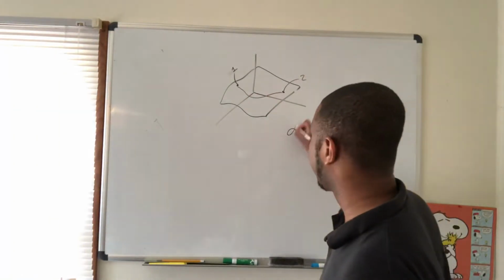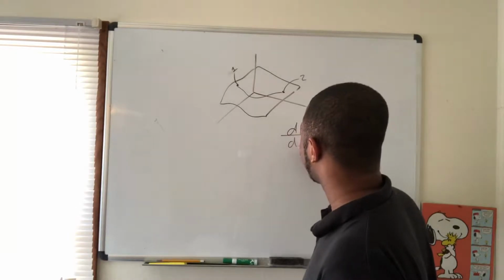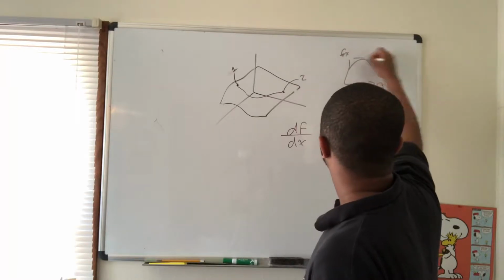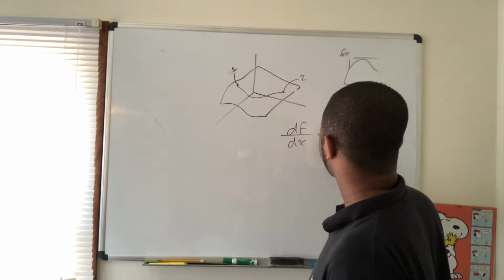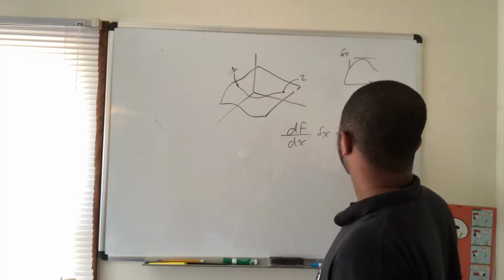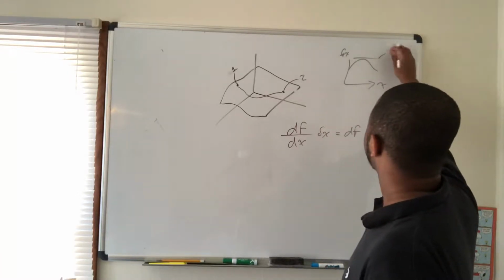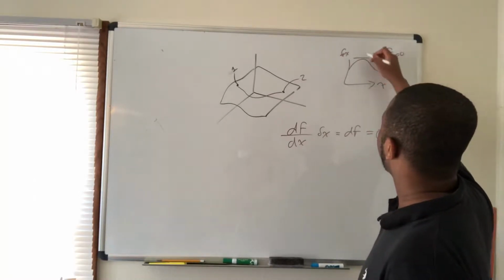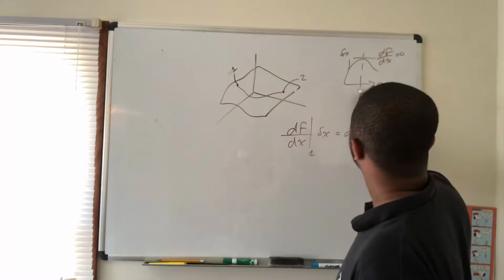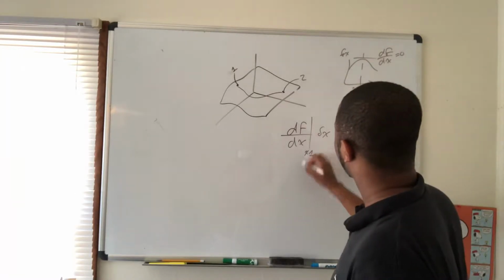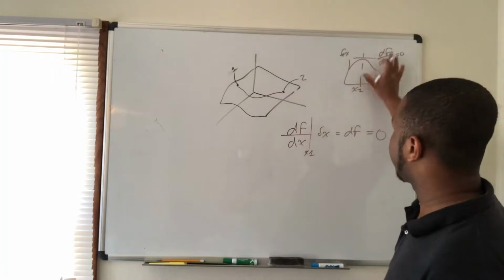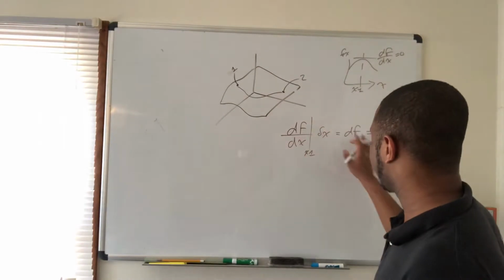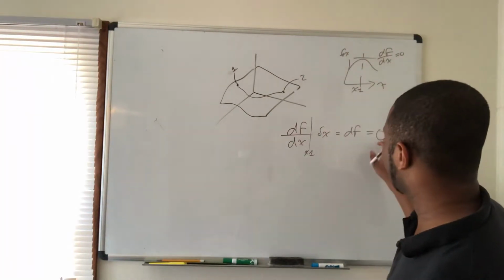That's analogous to saying, in single variable calculus, df/dx times delta x equals df equals 0, right? If the slope is 0 at this point, then a very small change from that point wouldn't change the function, so you would have 0.